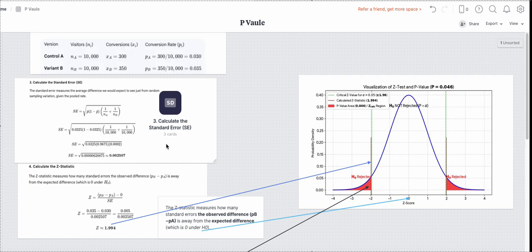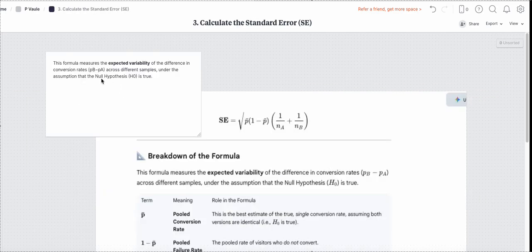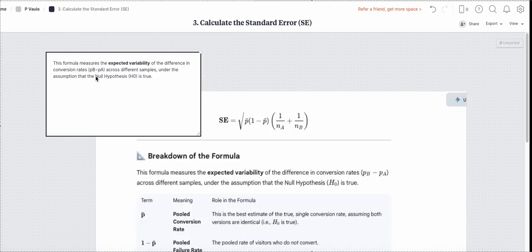Okay. So I want to talk a little bit about what they call a null hypothesis and how this connects to the standard error. The null hypothesis is basically that whatever you're doing is not significant. That's how I think of it. Someone thinks there's not going to be a big variation.